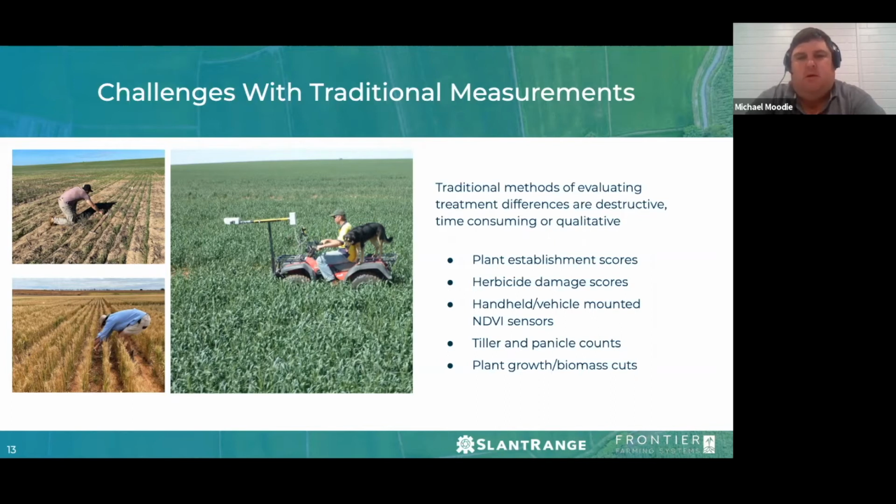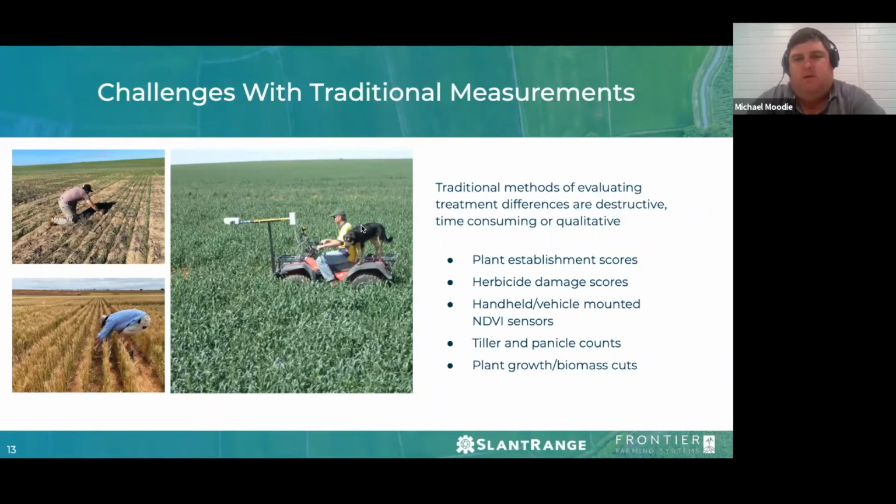So typically these measurements have been plant establishment scores, or we do a lot of counts. That takes a lot of time, people bending down all day, counting the plants along a row. Herbicide damage scores, which are a qualitative measurement and can give you a range of data depending on who's looking at it.